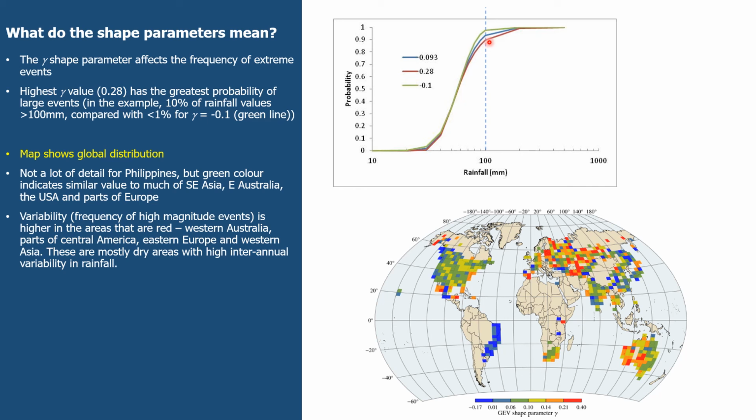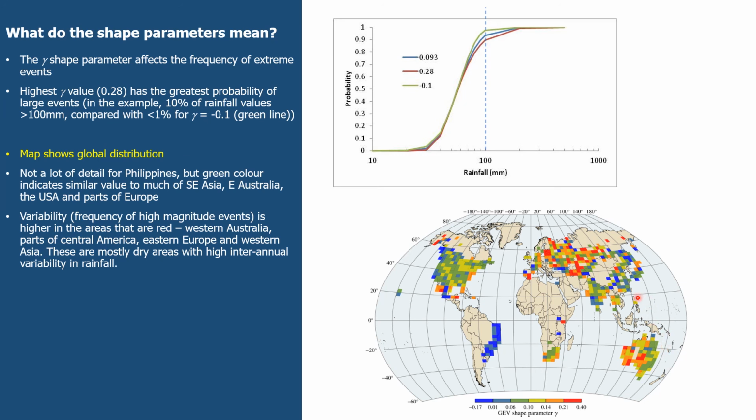More of the time the flow, or the rainfall in this case, is above 100 millimeters. And so the red with the high shape parameter value has more large events, significant in flood generation, than do the blue or the green. So the shape parameter affects the frequency of extreme events. The highest shape parameter value has the greatest probability of large events compared with the lower shape parameter values.